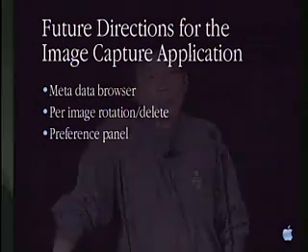It helps the application use the metadata downstream to do better image management and processing. We also want to improve the browser so you can do per-image rotation and deletion. Instead of using a script, you can rotate it into place and delete without downloading.